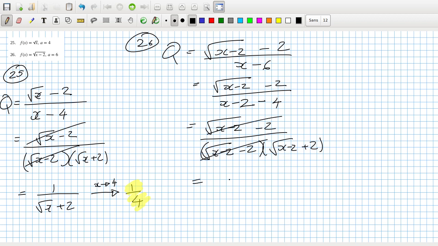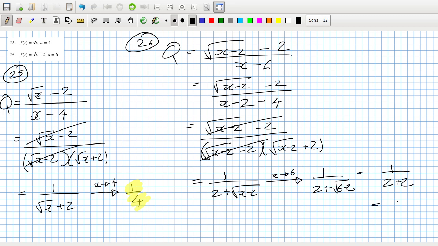Cancel, cancel. That's 1 over 2 plus root x minus 2, which tends to 1 over 2 plus root 6 minus 2 as x tends to 6. So that's 1 over 2 plus 2.